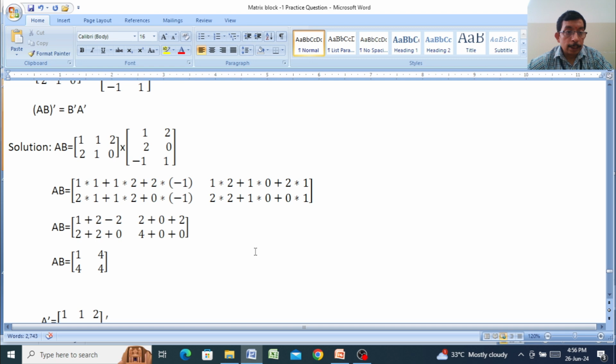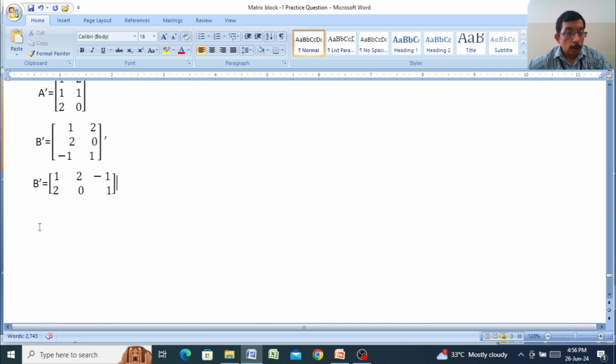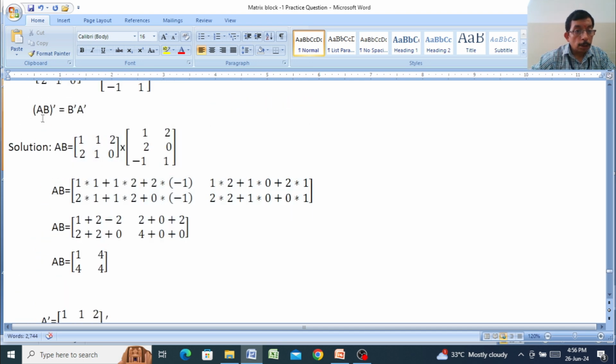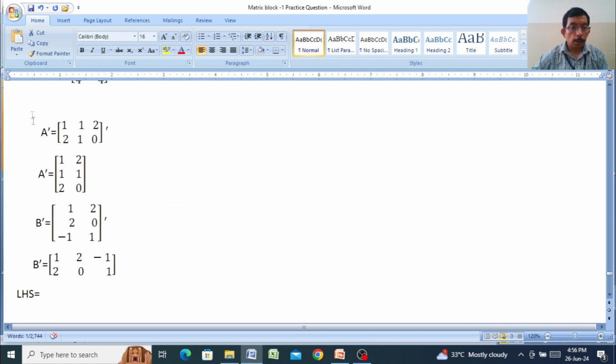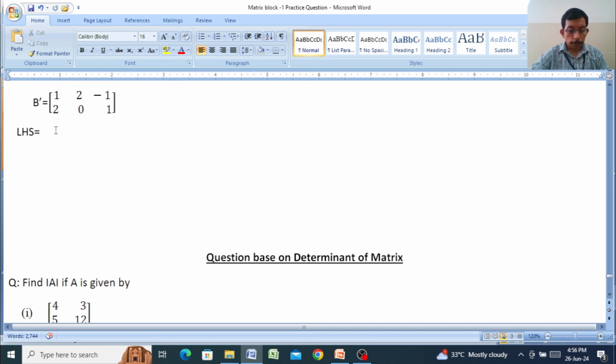Left hand side is this AB transpose. Left hand side equal to transpose of AB, transpose of AB.